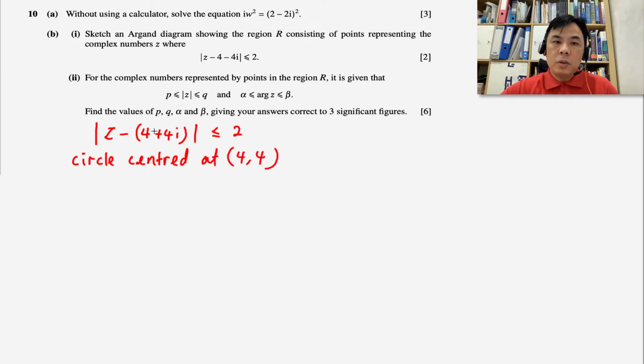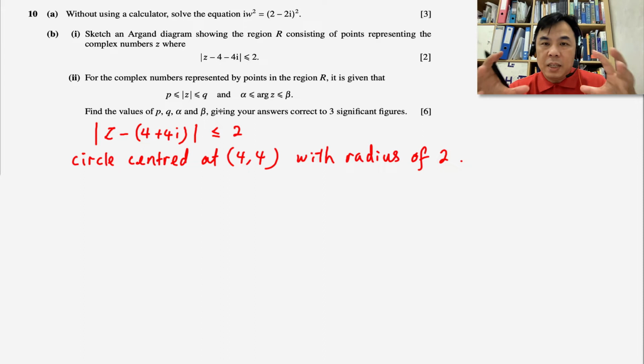You can see that once you factorize that, you will write that as center 4, 4 instead of writing negative 4, negative 4. Center at 4, 4 with radius of 2 units. But because this is an inequality, there must be a region that is found inside that circle there. Right.